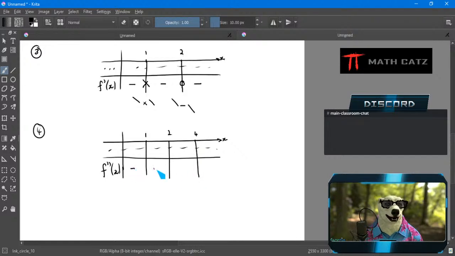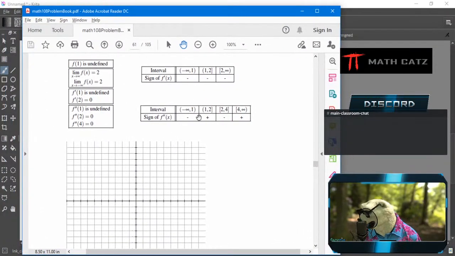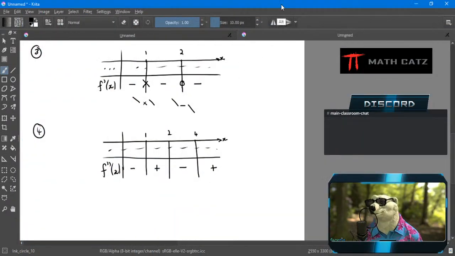And it gets a minus, a plus, a minus, a plus. Then I also want to know what happens to this second derivative on those x values. They tell me 1 is undefined, 2 and 4 are both 0. All right. 1 is undefined, 2 and 4 are both 0.